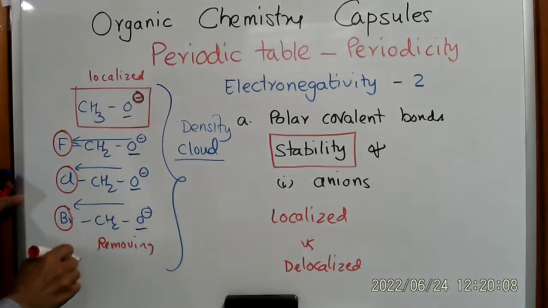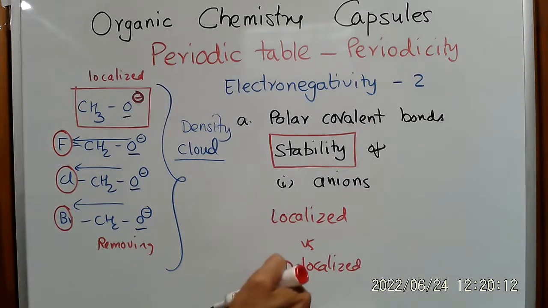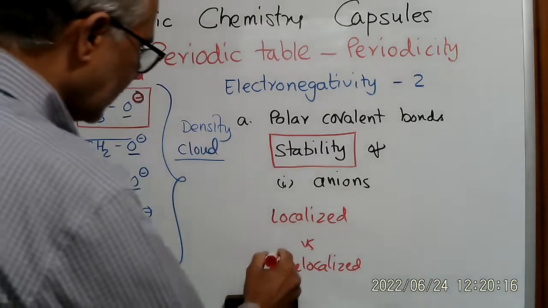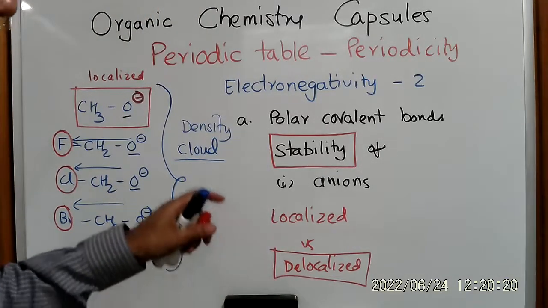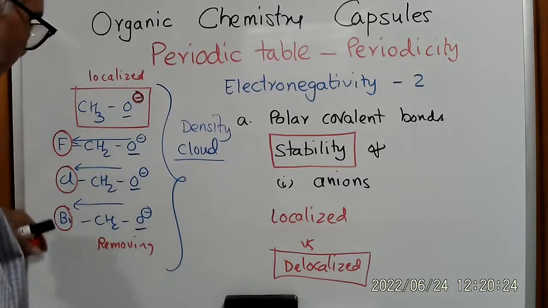In the other three examples, fluorine, chlorine, and bromine are removing the electron density from the oxygen. So we say the electron cloud is somewhat delocalized, and that is due to the electronegativity of these elements.